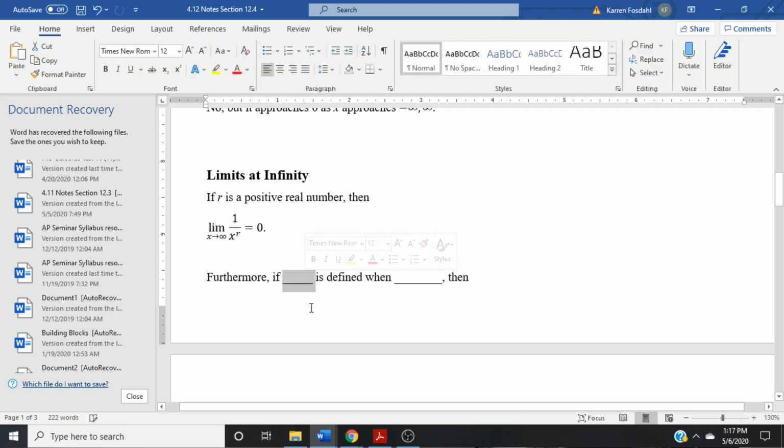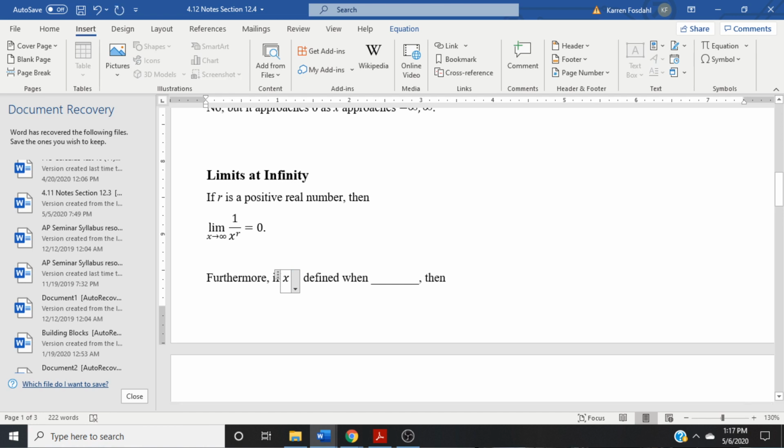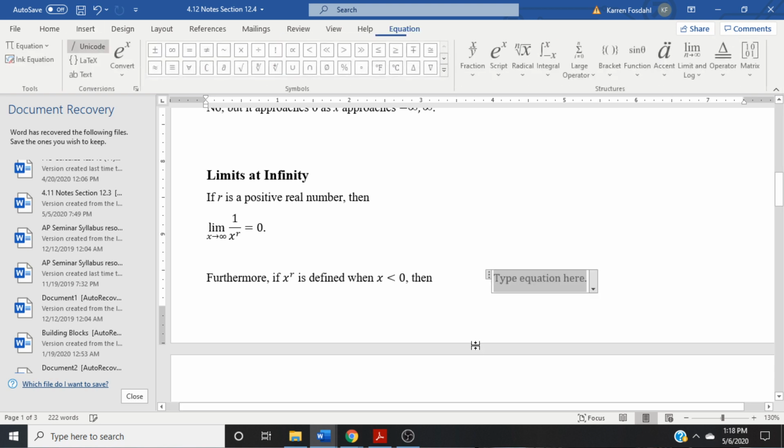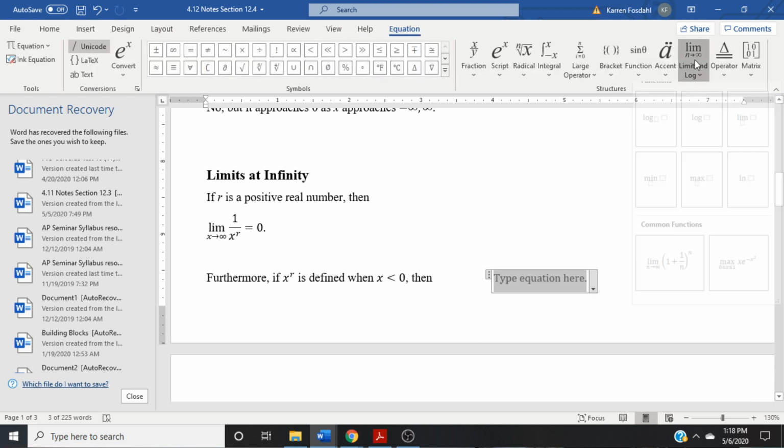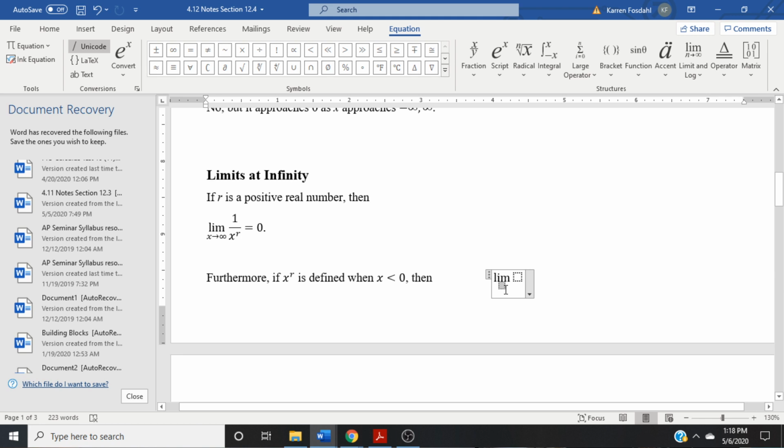Furthermore, if x to the r is defined when x is less than 0, then we're going to have another limit that's pretty simple to say, and that is the limit from the left side, so the negatives.